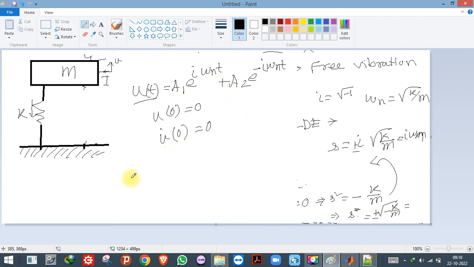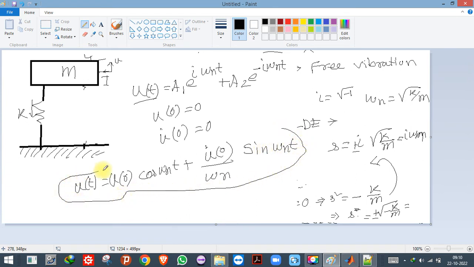Finally you get the equation u of t equal to u of 0 cos omega n t plus u dot of 0 over omega n sine omega n t. This is the final equation of motion we'll be getting.